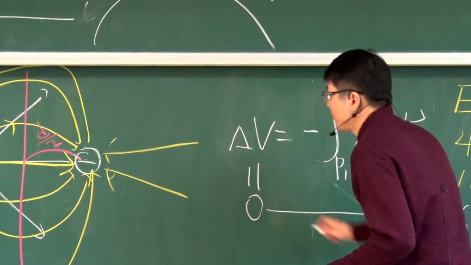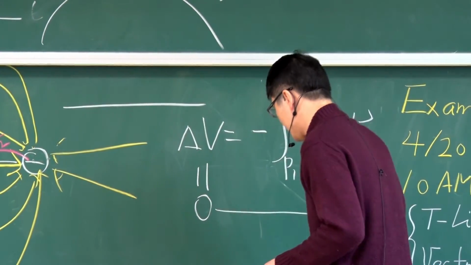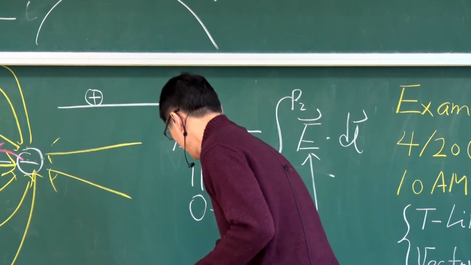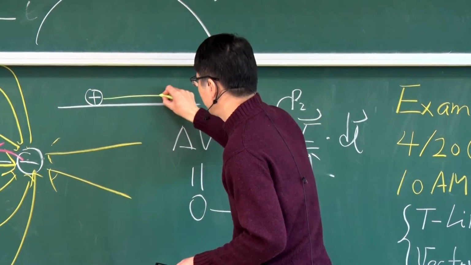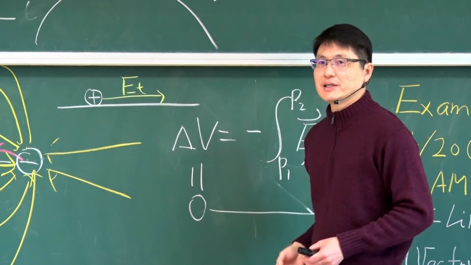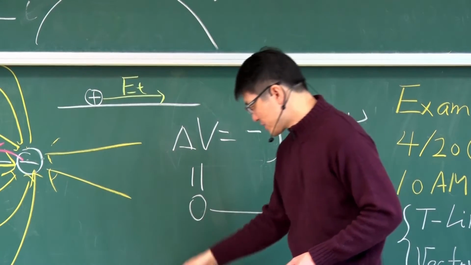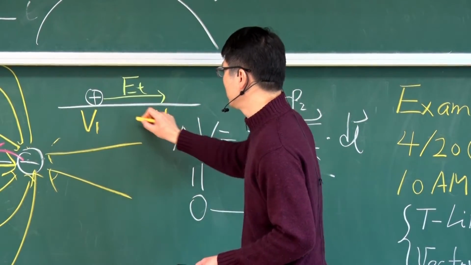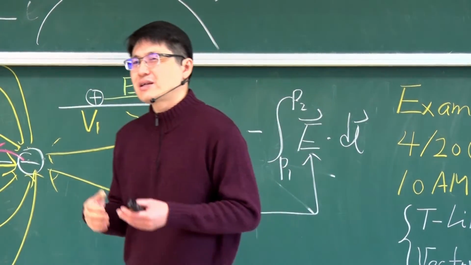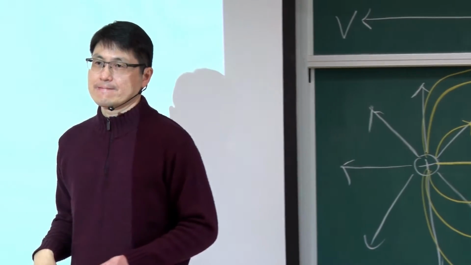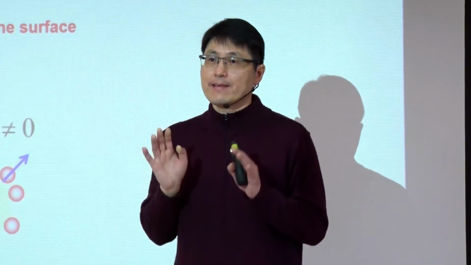For example, you have a flat metallic surface, and you have a charge. And you want to argue, I want to have the tangential field line. Then you're saying V1 and V2 are actually different. So that is not allowed.